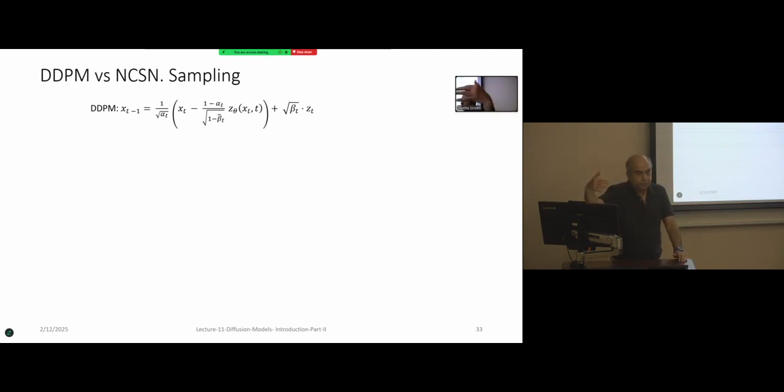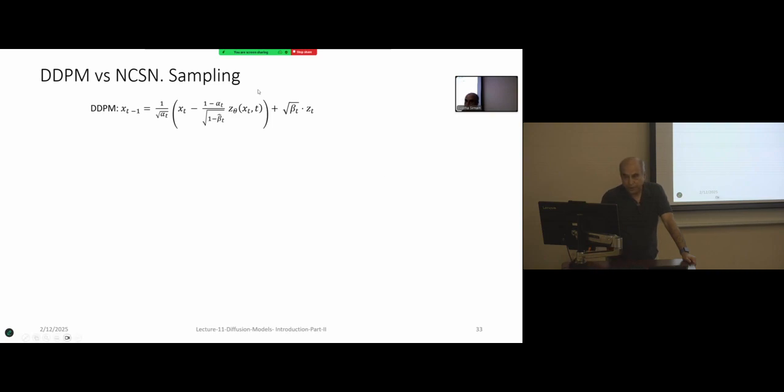So to train the network, what's the objective function? Because you always have to have an objective function. You learn the parameters of the network, like the UNet parameters, by minimizing this objective function. And once we have done that, we want to be able to sample from that distribution.